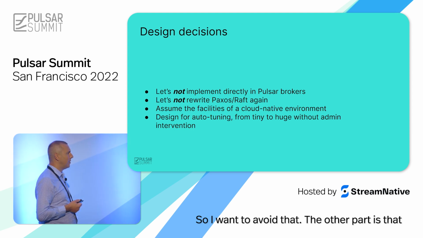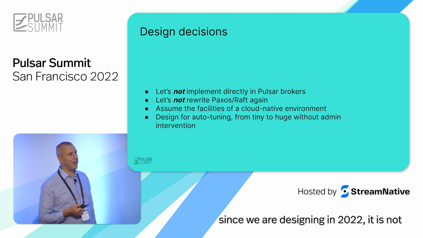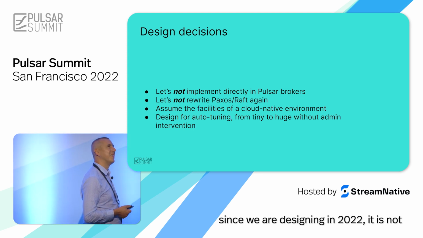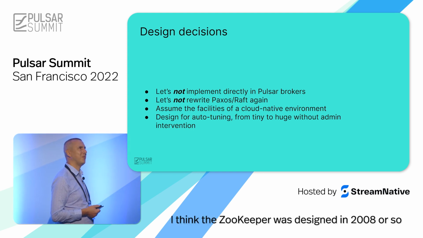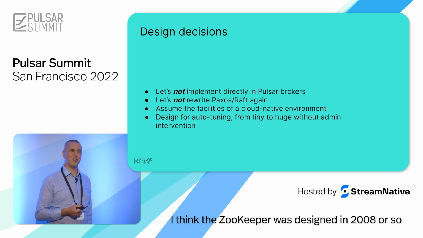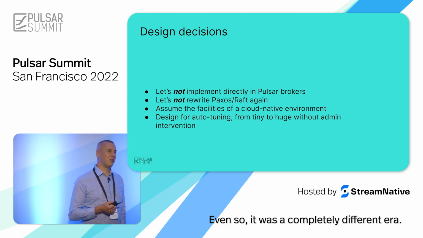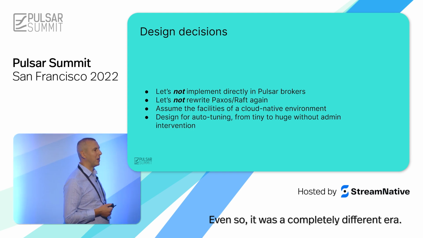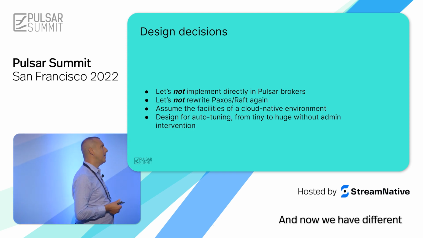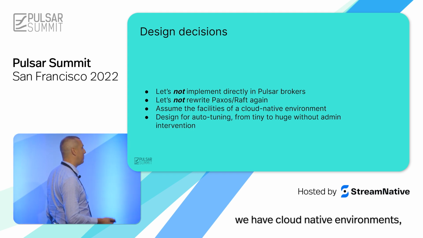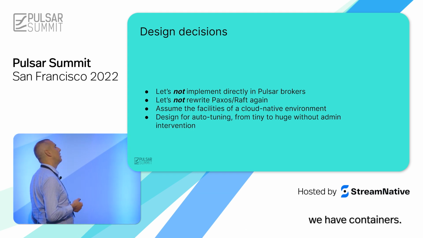The other part is that since we are designing in 2022, and ZooKeeper was designed in 2008 or so, the first paper I think was even 2007, it was a completely different era. Now we have different primitives, different environments. We have cloud native environments, we have containers.